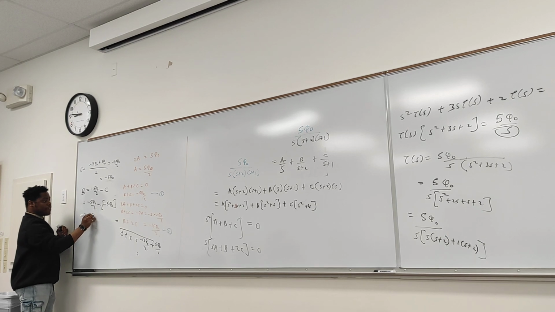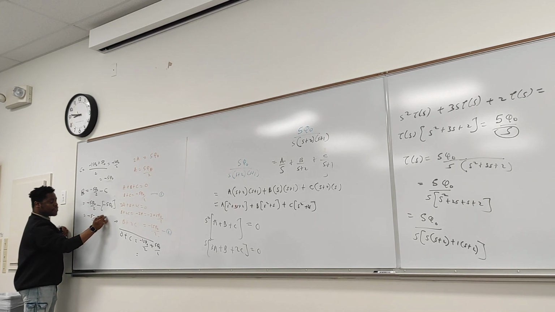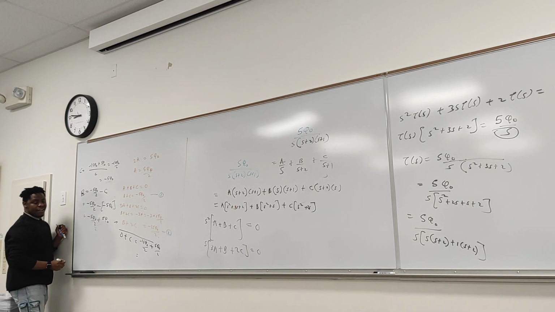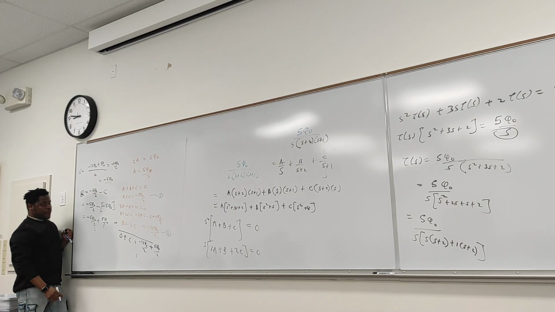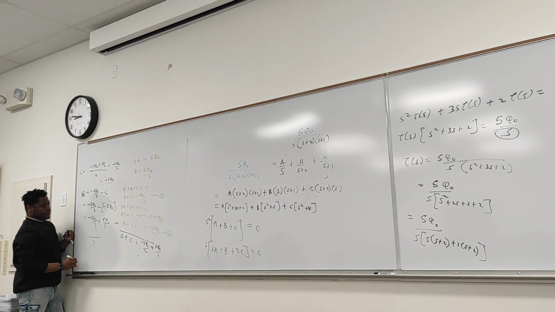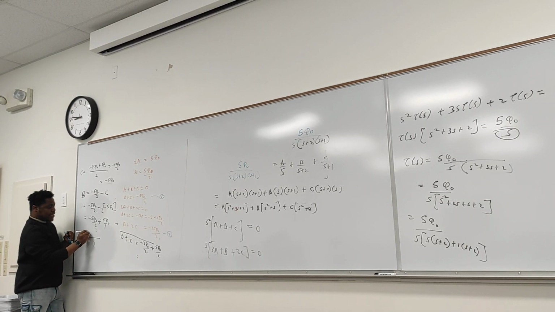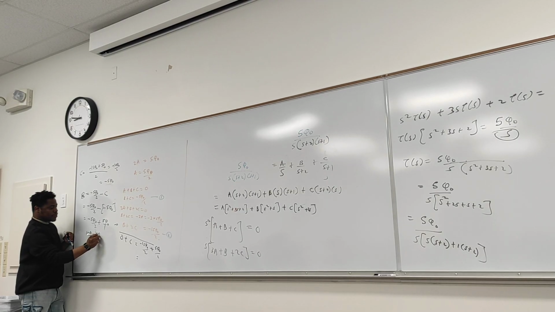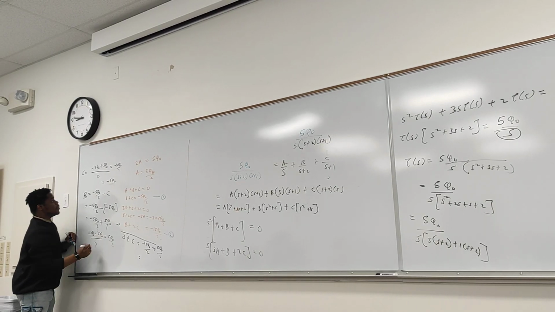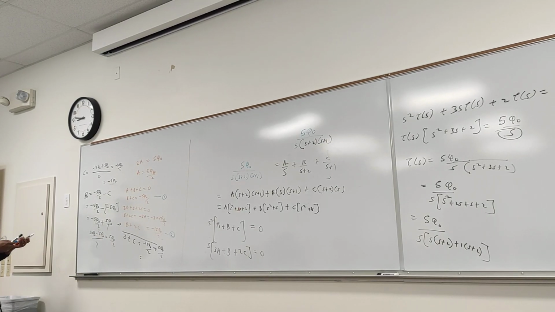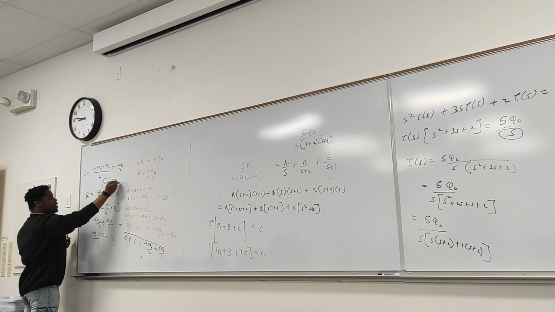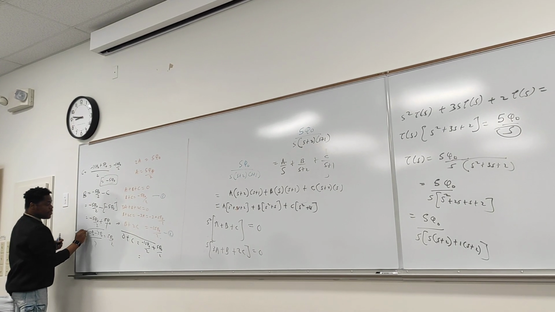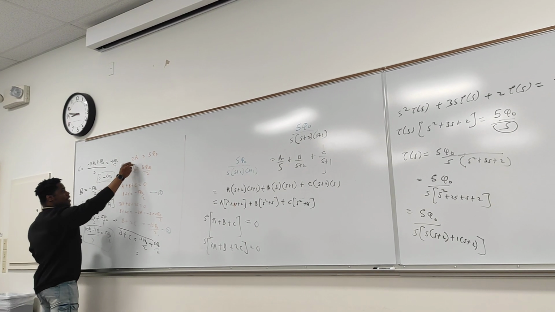That would be minus 5Q naught over 2 plus 5Q naught. Right? Put up your hands if you think something is wrong here. That would be 10Q naught minus 5Q naught. That's 5Q naught over 2. So we have our C, A, and B. This is our C, this is our B, and this is our A.